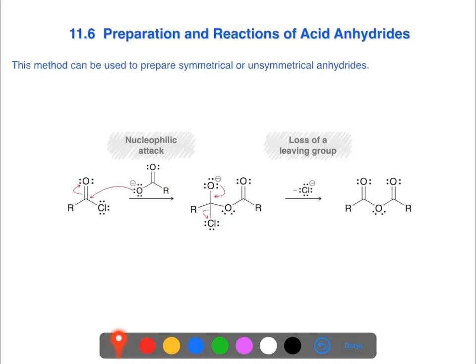And so we have the carboxylate ion, the oxygen center, attacking the carbonyl carbon, breaking the pi bond to form our tetrahedral oxide. We then have reformation of the pi bond to give us back the carbonyl and loss of the leaving group, the chloride. And so we end up with the following acid anhydride as a result.